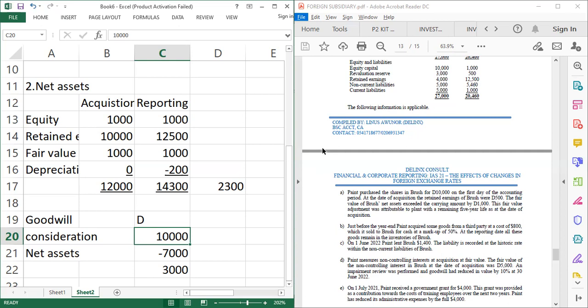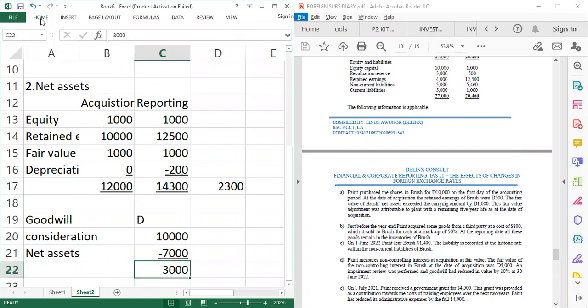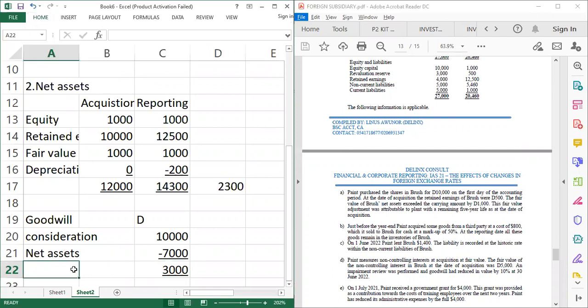Anyhow you do it, the one that we were taught is you add the NCI, then you subtract the total value of the net asset. You still get 3,000. This is the goodwill at acquisition.